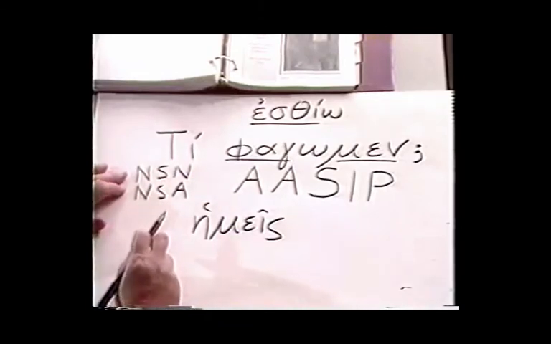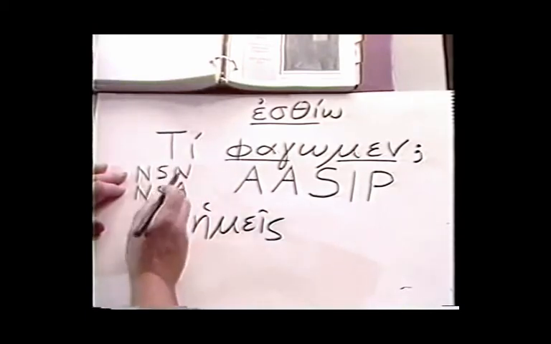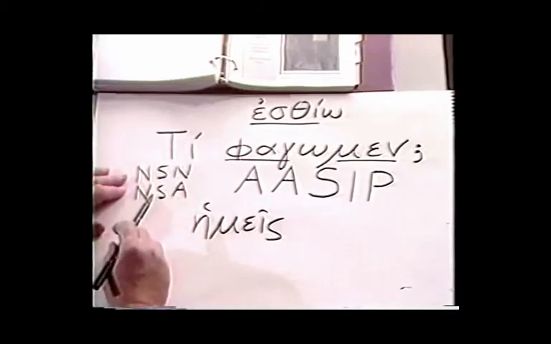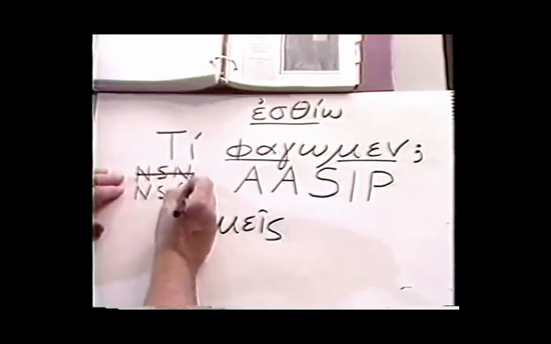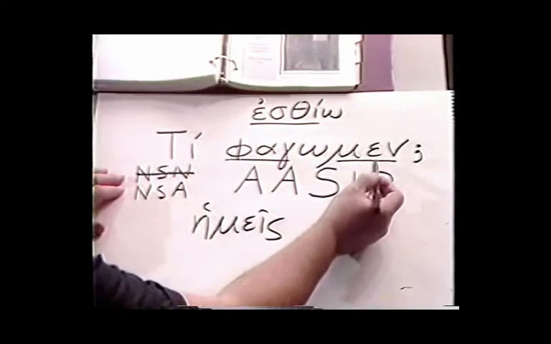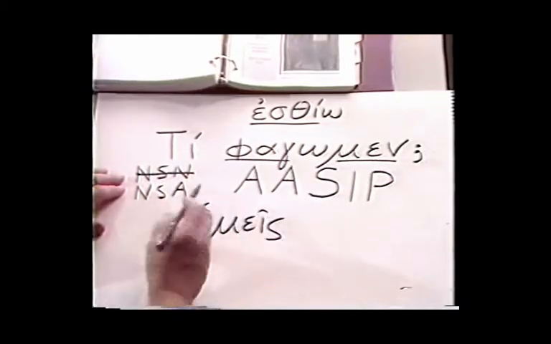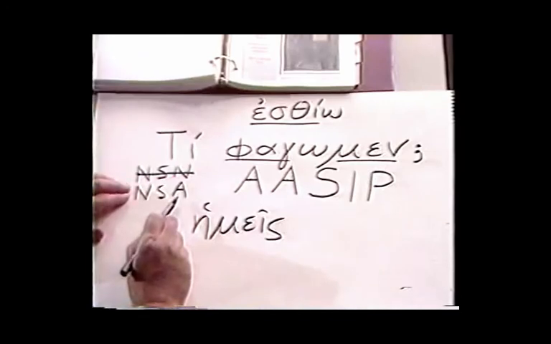Why? Because in the neuter, the nominative and accusative are always the same. How do we know that this word is not nominative, though? Because it's not the subject, is it? The subject is we. So it must be accusative. And what is the most common accusative function that we have learned? The direct object.